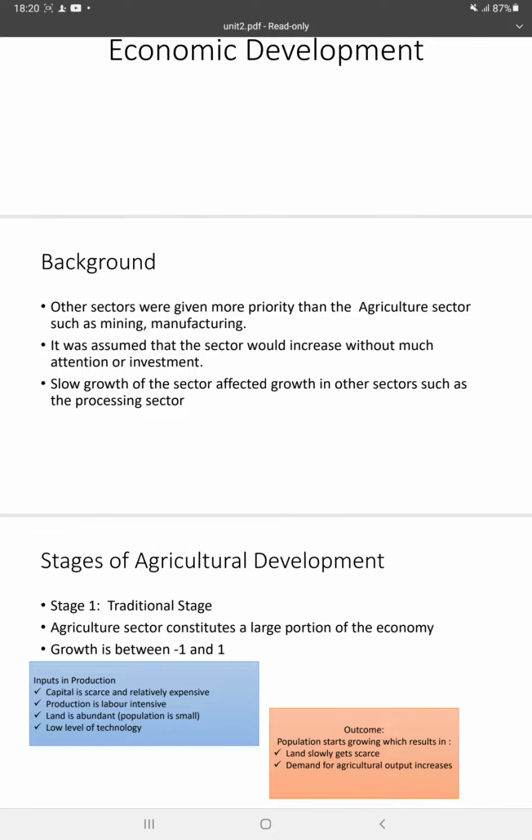These are some of the main sectors that got most of our attention. It was assumed that the sector would increase without much attention or investment. So this made the agriculture industry grow slowly.